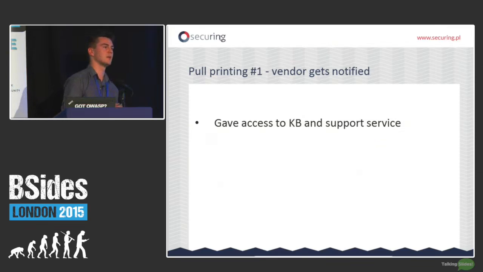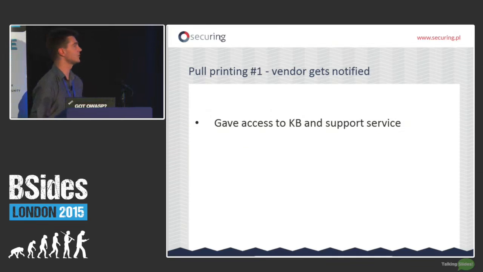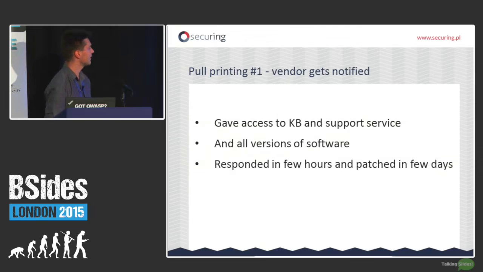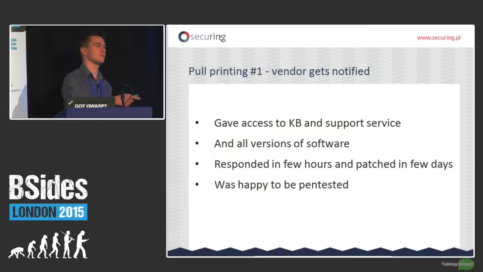He had some enterprise pull printing solution for big companies, and he also wanted to see if it's secure. So we also found some vulnerabilities there. And he really liked that we pen tested him. I don't know if it happens to you, if you pen test a vendor completely black box without the order or the request.